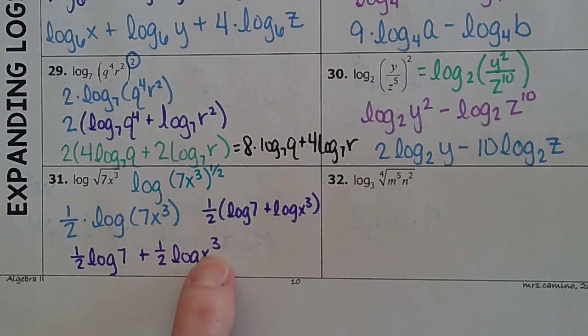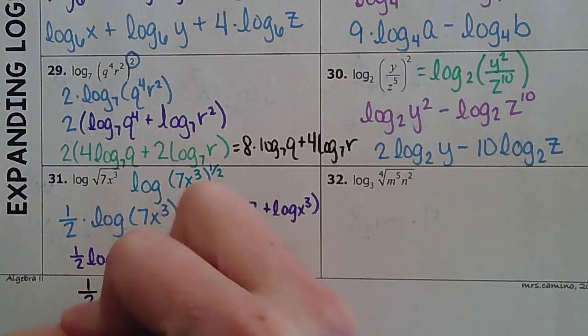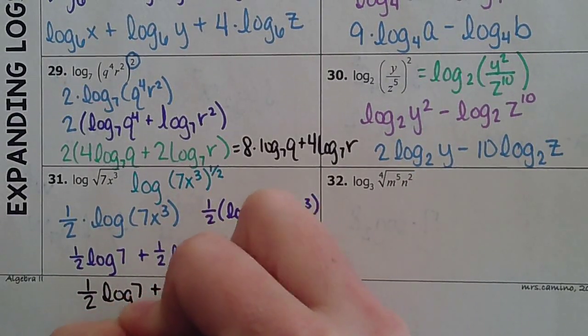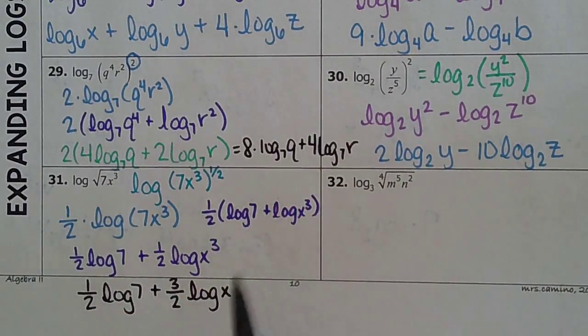And now my last step to simplify is to take care of this exponent of 3. So 1/2 log 7 plus 3/2 log x. I just took that 3 and multiplied it with the coefficient I already had. Okay, I want you to try 32 on your own. That's a fourth root. Fourth root means exponent of 1/4.